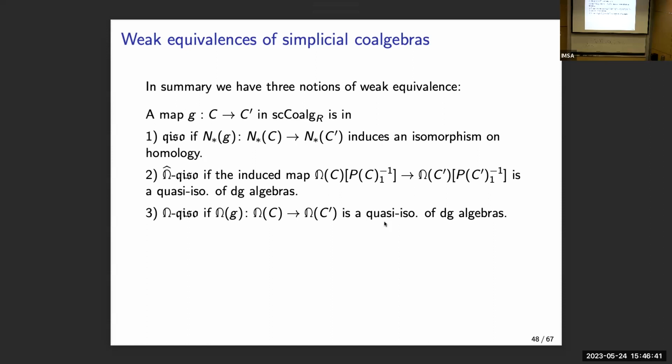Those are the three notions of weak equivalence. Under suitable hypotheses, which you can forget about if you're working over a field, you have these strict inclusions. Every Cobar quasi-isomorphism is a localized quasi-isomorphism. Namely, this localization procedure is well-behaved homotopically.